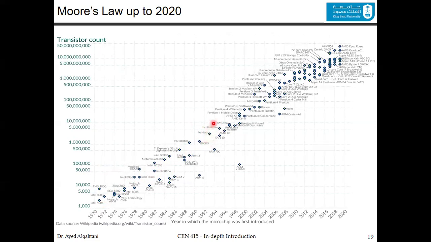And then after that, we jumped to the cores, the dual cores, 4 cores, 8 cores, and so on. And here we have other examples as well, like AMD. We have the Apple A7. We have many others, this is the Xeon processor, and so on.